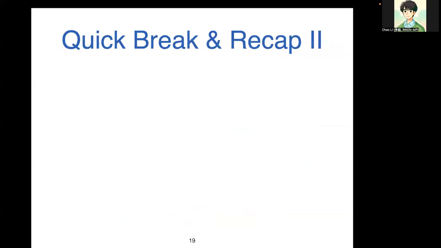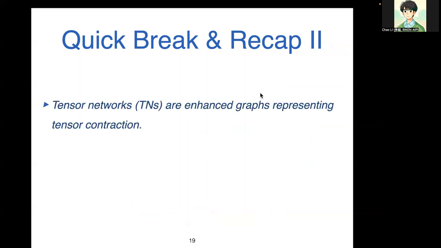At the end of this part, let's take a quick pause and recap what we've seen so far. First, we know tensor networks are essentially graph representations of tensor contraction, nodes for tensors, edges for the shared modes.